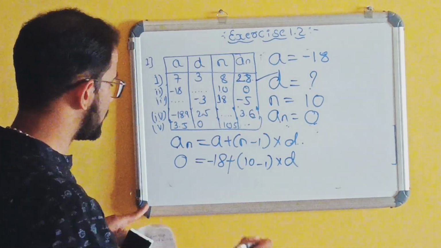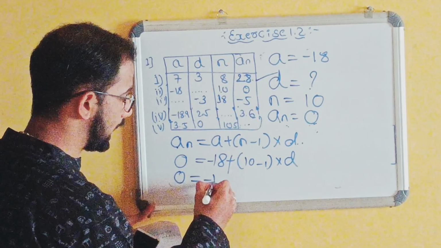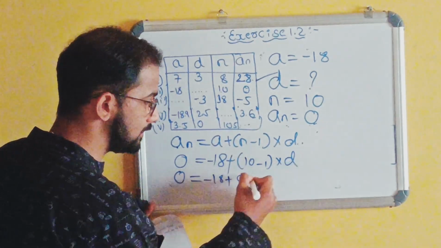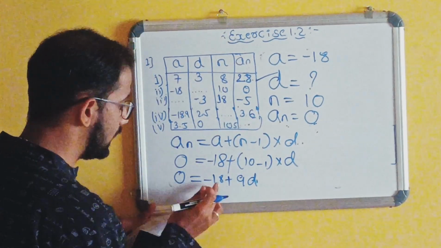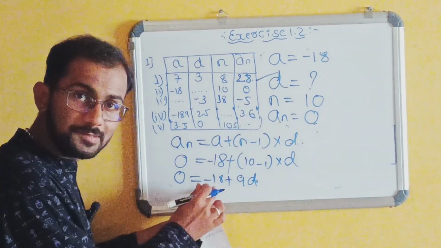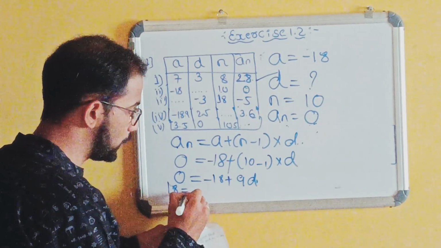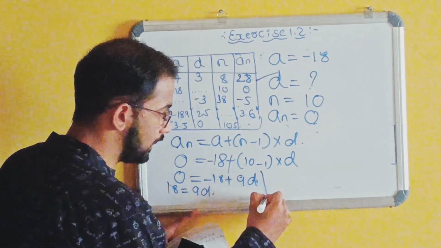Now 0 equals minus 18 plus 10 minus 1, which is 9, into D, 9D. Now shift this minus 18 to the other side. It will become plus, that is 18 equals 9D.